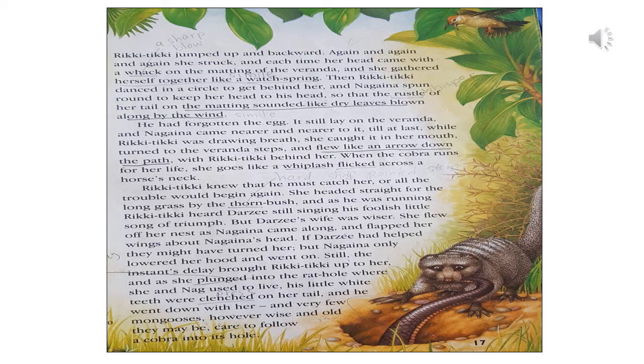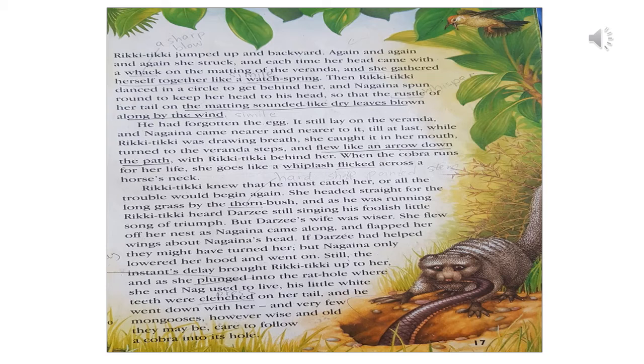But Darcy's wife was wiser. She flew off her nest as Nagaina came along, and flapped her wings about Nagaina's head. If Darcy had helped, they might have turned her. But Nagaina only lowered her hood and went on.